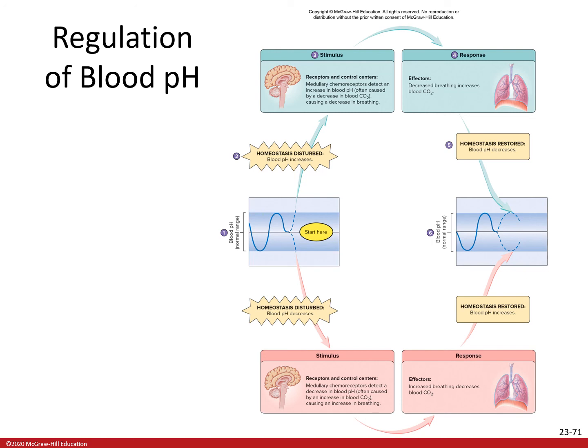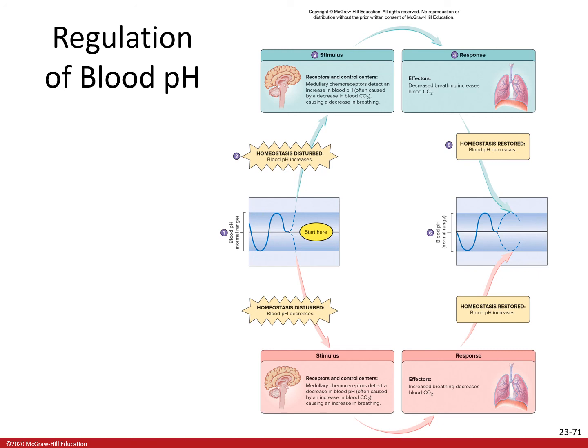Step 2 is going to be your blood pH increasing outside its normal range, which is going to disturb homeostasis, so that optimal state of being. The third is the control center for blood pH. The medullary chemoreceptors detect an increase in blood pH. Your blood becomes more basic and responds to the increased pH by signaling a decreased breathing rate.